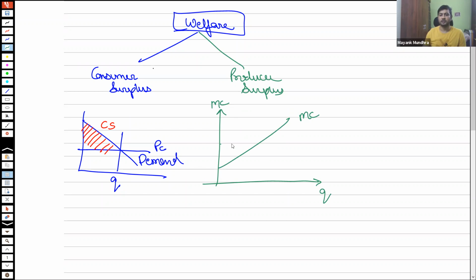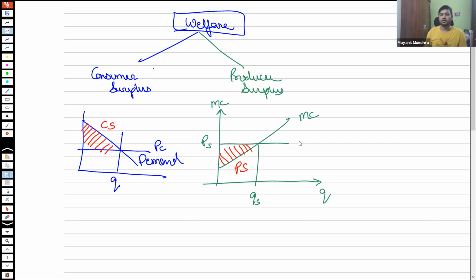This is the price which suppliers or producers get, and this is the quantity which gets supplied. Then this area is going to represent the producer surplus.